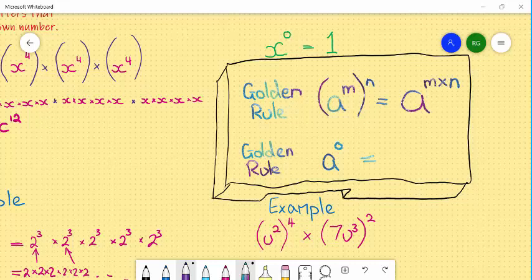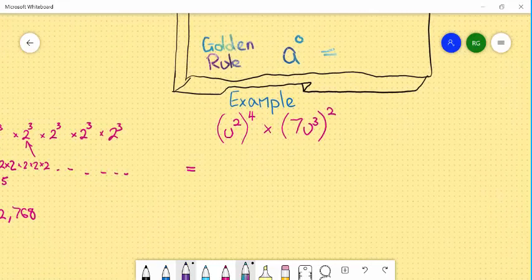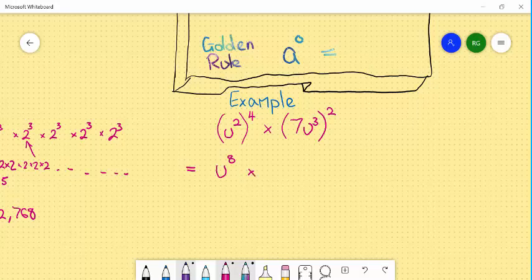One more example down below is a slightly trickier one. According to our rule, u squared to the power of 4 means we have u to the power of 8, because it's u squared times u squared times u squared times u squared. Multiplied by, and this is where it gets a little trickier, everything inside this set of brackets has a power to it.